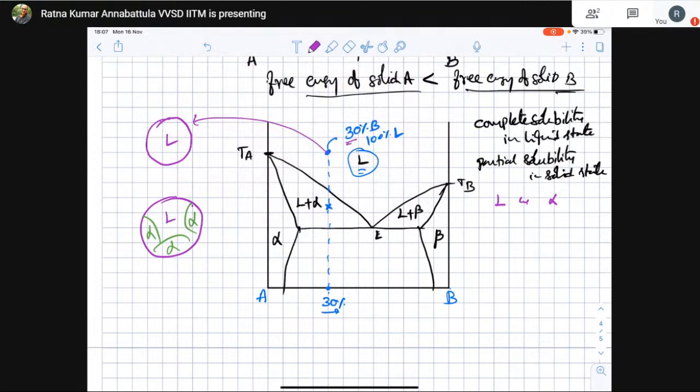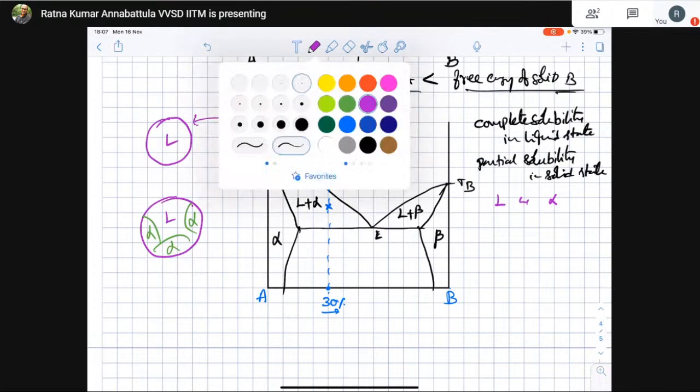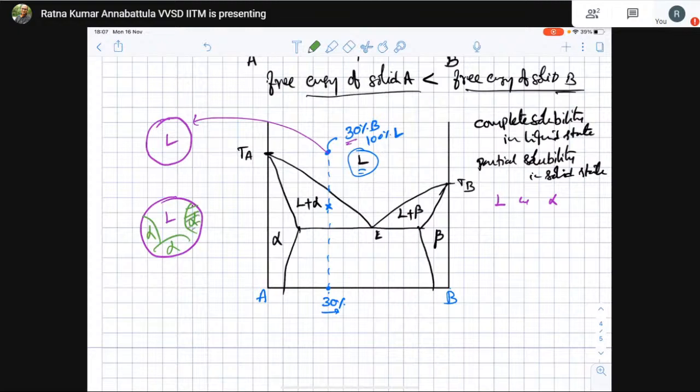Whatever is white is liquid. That is my alpha. Okay. Now the question is, what will be the composition of this liquid? Will the composition of the remaining liquid, whatever it is here, be the same as 30%? And what will be the composition of alpha?